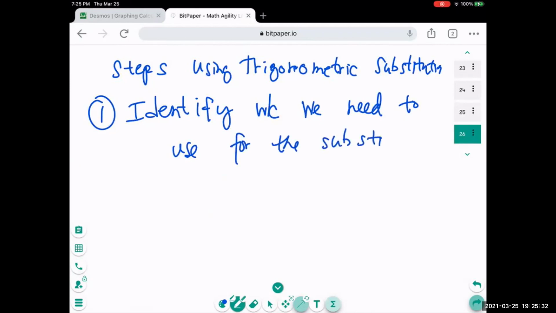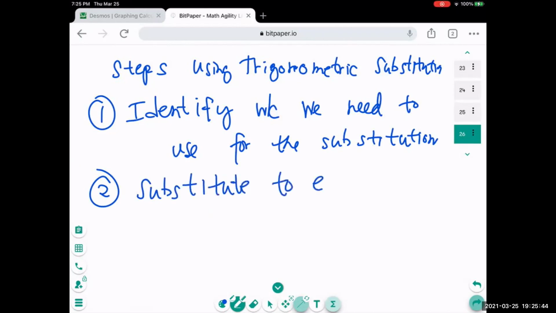And then step 2, we do the substitution, right? So we substitute to eliminate yung radical sign, the square root, right? The square root in the expression, right?